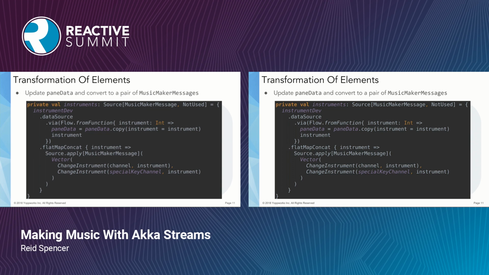So instead of just mapping it to one thing, I'm actually creating a new source that has two elements in it, one for each channel. So I'm changing one instrument change into two events. And that's what flat map concat does. Instead of taking a new value, it takes a source of the new value.